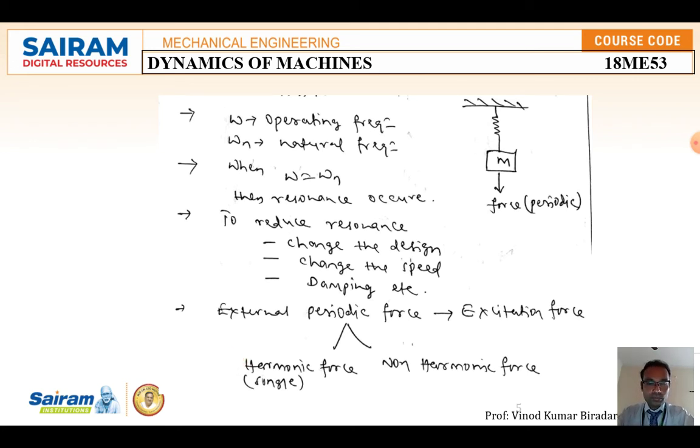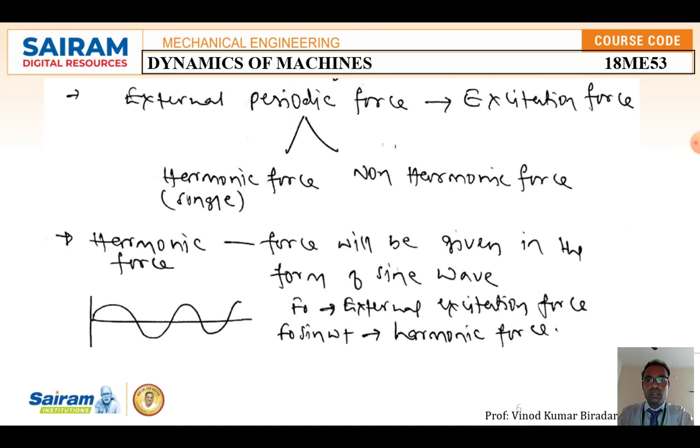That is a harmonic force. If you consider sin and cos terms, that is called a harmonic force. The force is given in the form of a sine wave or cosine wave.